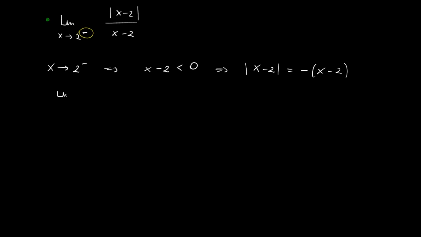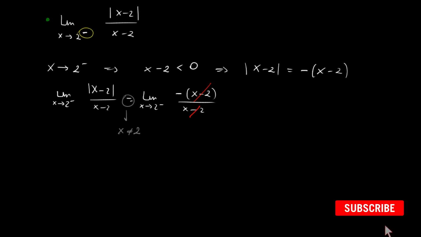This is just using the definition of the absolute value. And so we can try and calculate this limit. We know now what the absolute value of x minus 2 is, and it is minus (x minus 2). So now we can cancel those two terms. And notice that we can do this because x is different from 2.